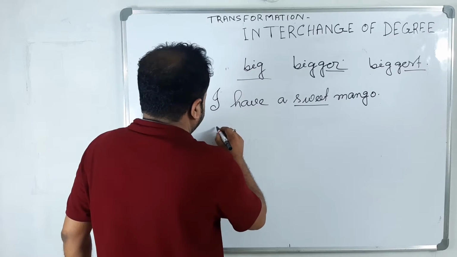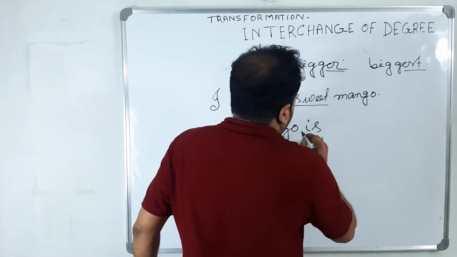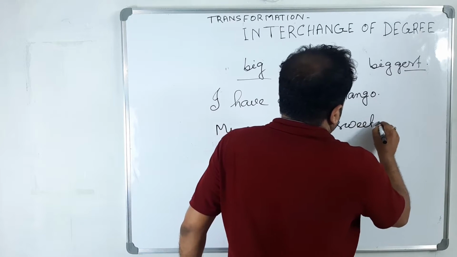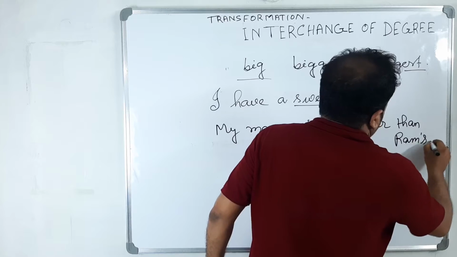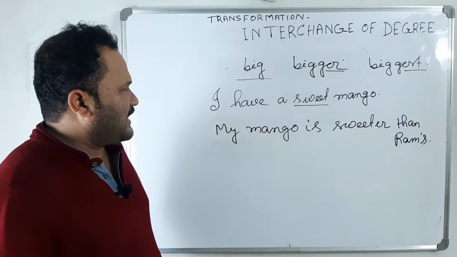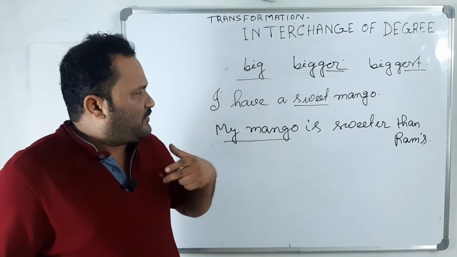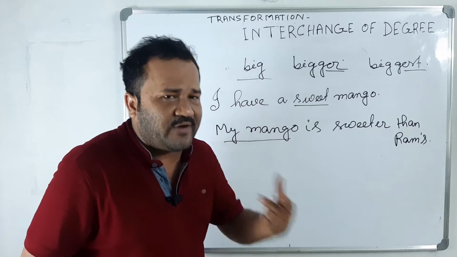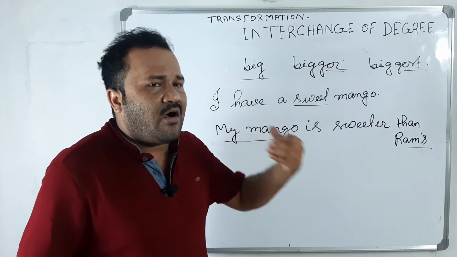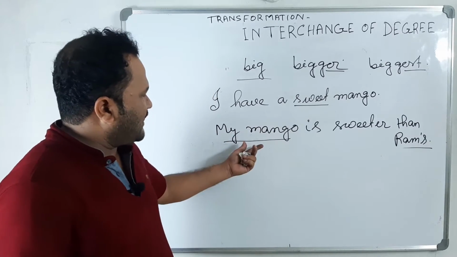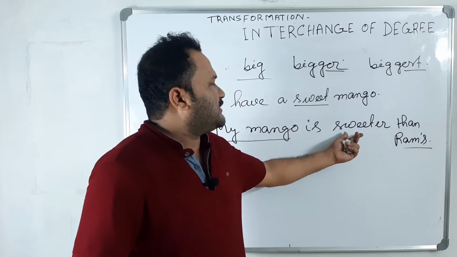Now if I say my mango is sweeter than Ram's, what does it mean? Means the quality of sweetness. My mango possesses more quality of sweetness than Ram's mango. It is in comparative degree. Here the comparison is between my mango and Ram's mango, and the point of comparison is the sweetness.